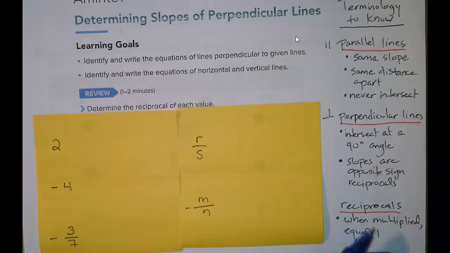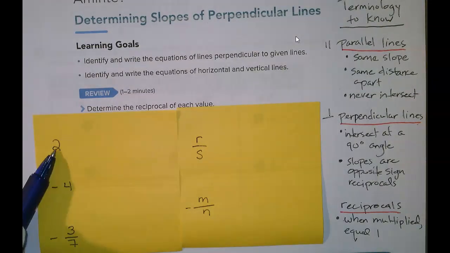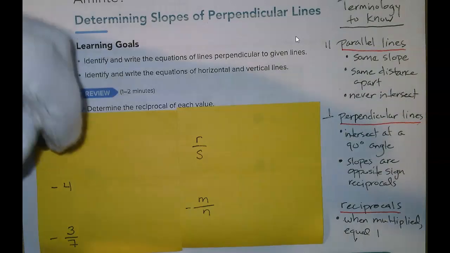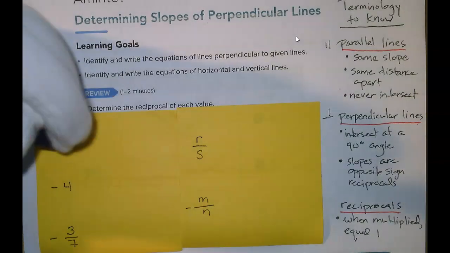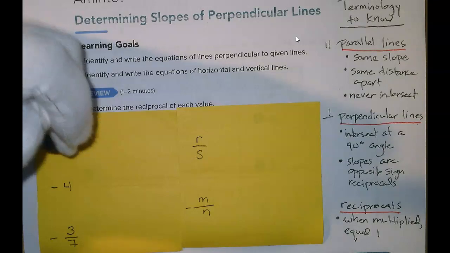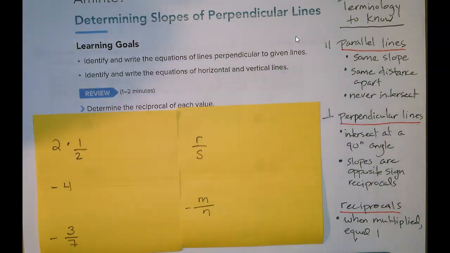And what is a reciprocal, you might ask? Reciprocals are two numbers that when you multiply them together, they equal 1. So here are some examples. 2 times 1/2 would equal 1.